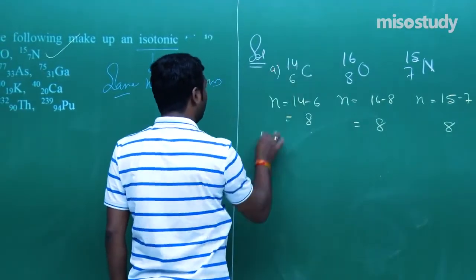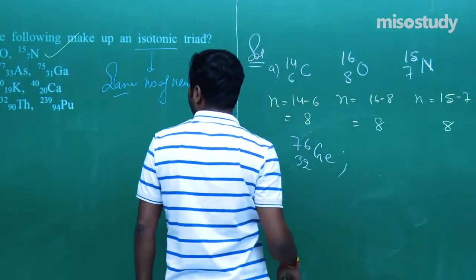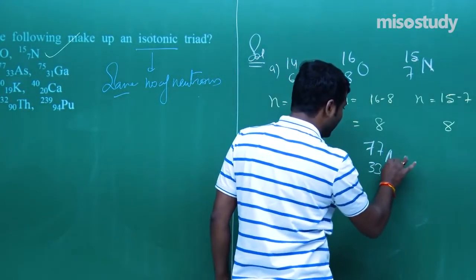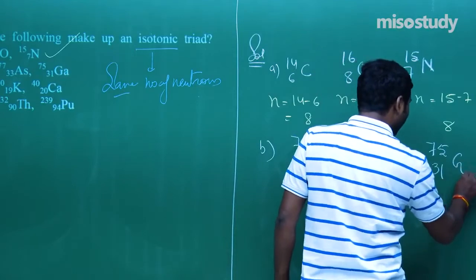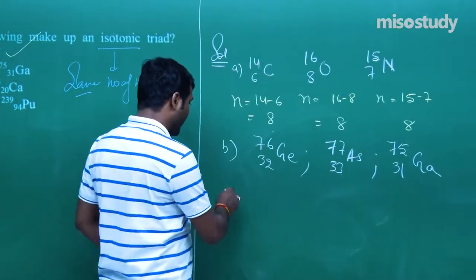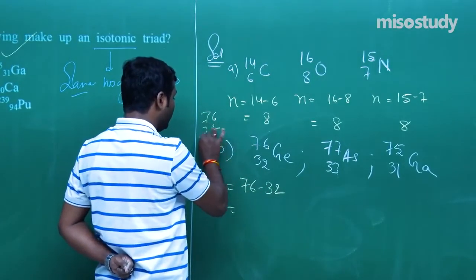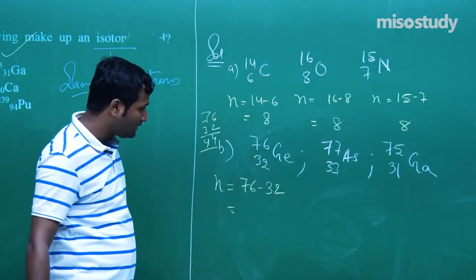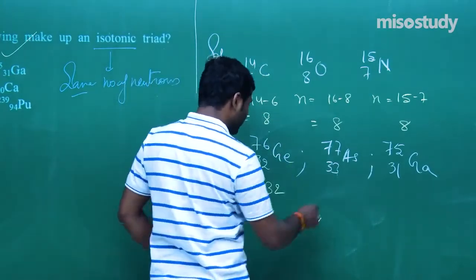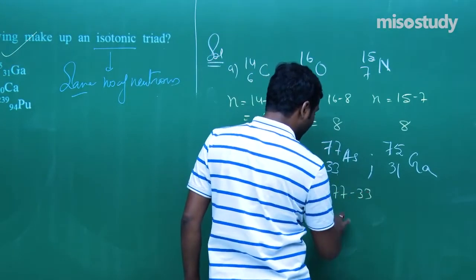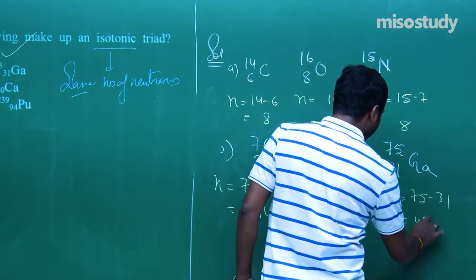Now check option B. Here we have germanium 76 with atomic number 32, arsenic 77 with atomic number 33, and gallium 75 with atomic number 31. The number of neutrons: 76 minus 32 is 44, 77 minus 33 is 44, and 75 minus 31 is again 44.